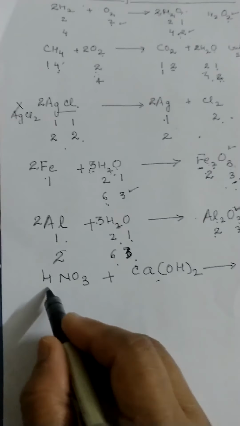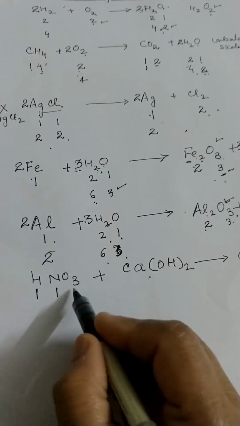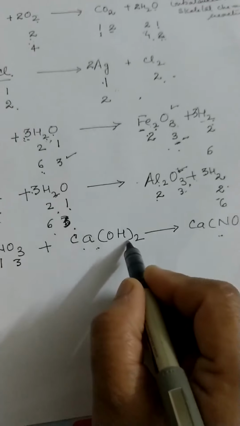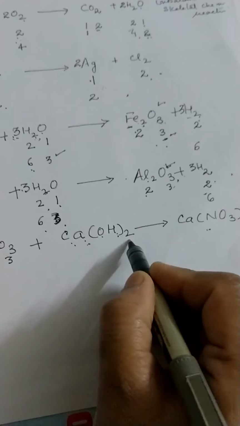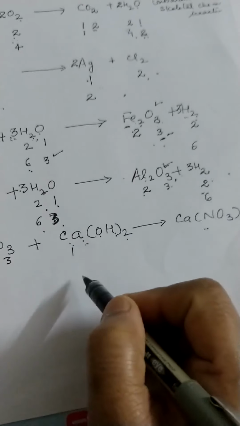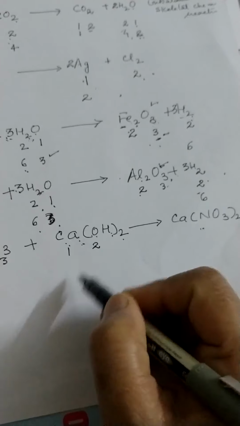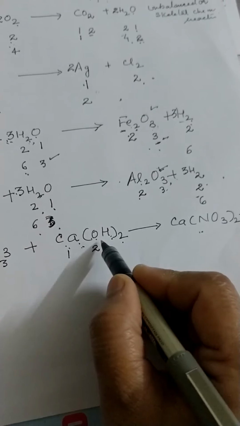Now let us see. Hydrogen 1, nitrogen 1, oxygen 3. In calcium hydroxide, Ca(OH)2: calcium 1 atom, oxygen 2 atoms, hydrogen 2 atoms, because the OH is in parenthesis.